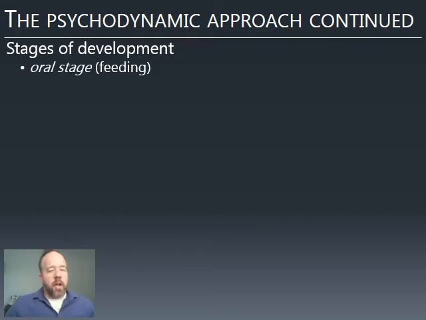So the first stage is what Freud called the oral stage. And here the names of these stages come from what Freud referred to as the erogenous zones. That is, the parts of the body that were the source of pleasure at that stage of development. So in the oral stage, this is when the individual was a baby.